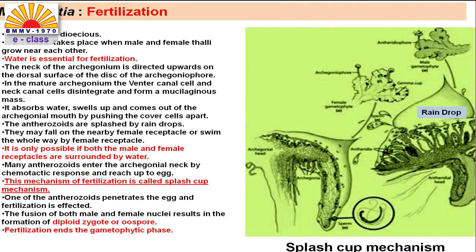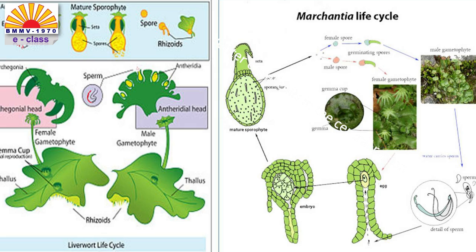This mechanism of fertilization is called the splash cup mechanism, where the splash of raindrops will promote the transfer of antherozoids from the antheridial filament to the archegonial filament. One of the antherozoids penetrates the egg and fertilization is effected.